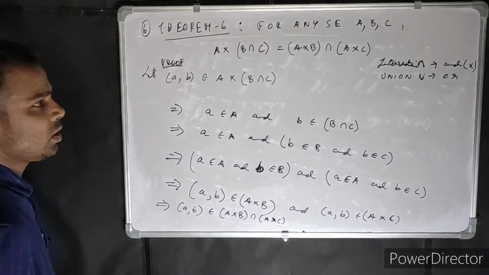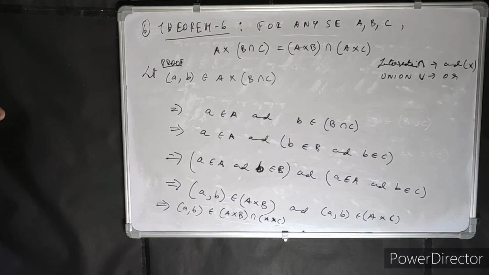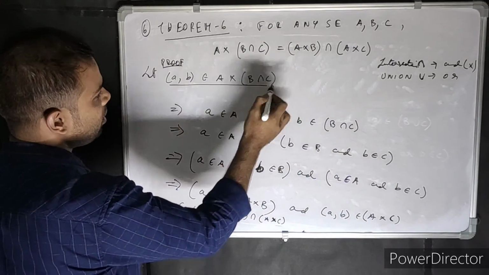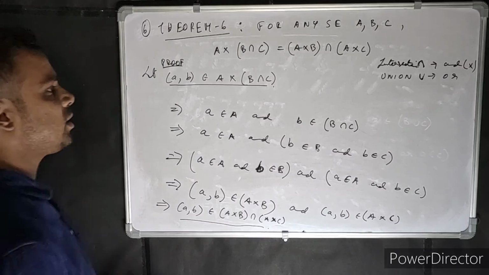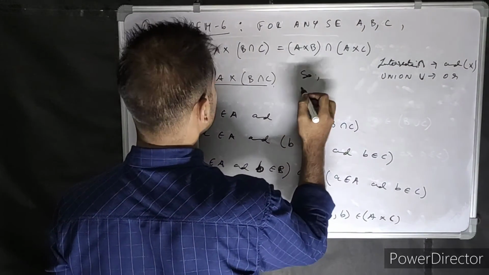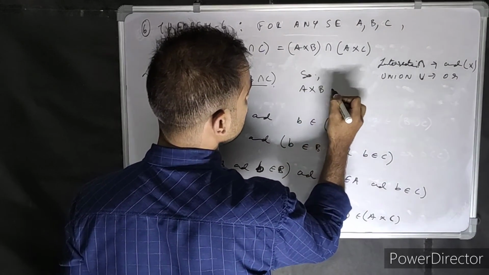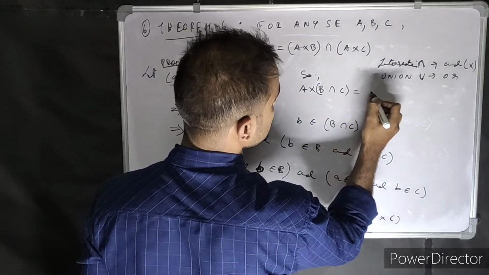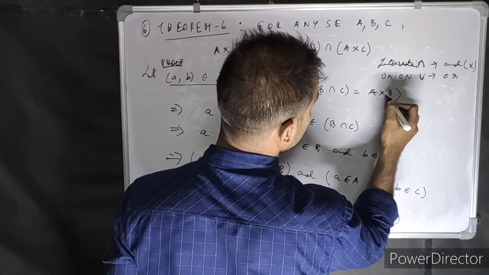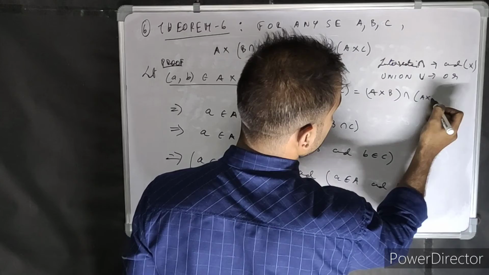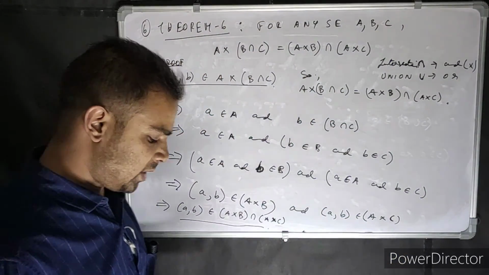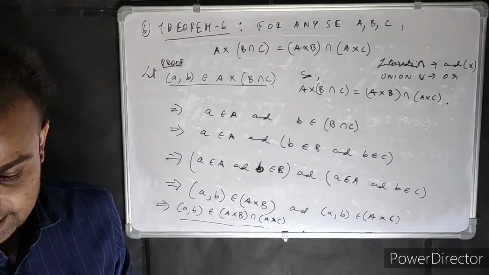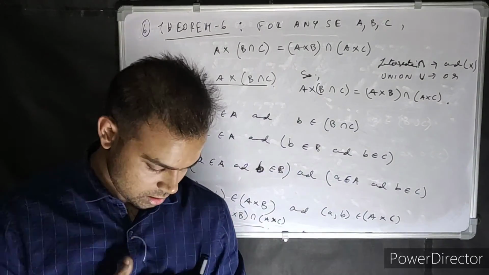The and changes to intersection back again. So now you have started from here and you got this. So you have proved that this is equal to this: A cross (B intersection C) is equal to A cross B intersection A cross C. Okay, students, so that's your theorem number 6, and that is done too.